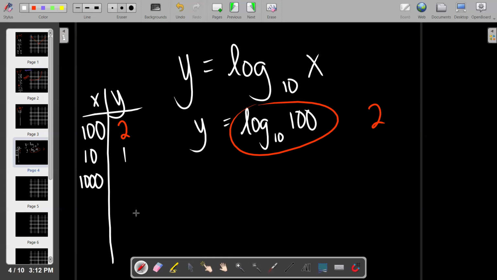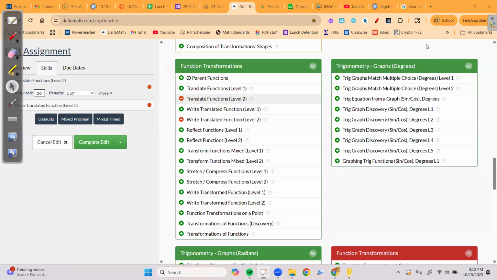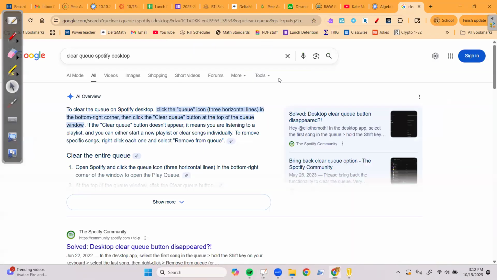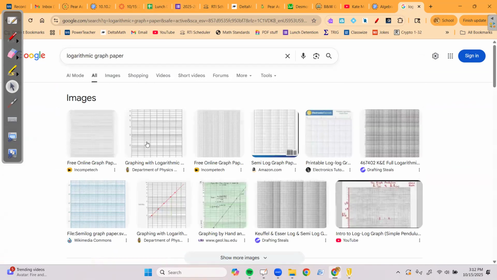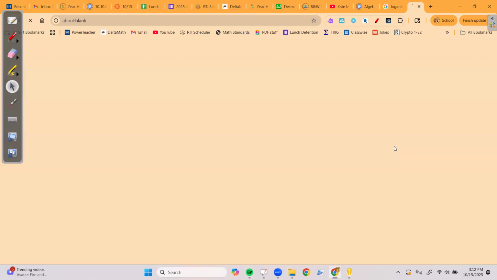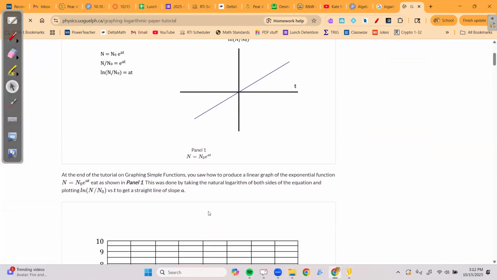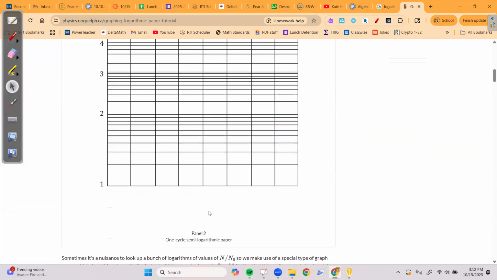Hang on. I'm just going to do it. I'm recording. So just check this out. I was looking up how to clear my queue on Spotify. So sorry for that search there. Logarithmic graph paper. Okay, that was quite a letdown.